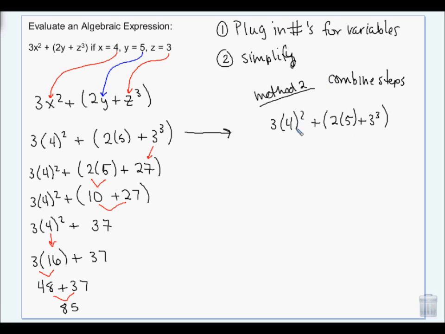I know that I need to do what's inside the parentheses and multiplication and exponents before I can do any addition or subtraction, right? So I'm going to look at this and I'm going to say, okay, that's going to be 16, that's going to be 10, and that's going to be 27. Then I can look at that and say, okay, that's going to be 48, and that's going to be 37, and then I can multiply or add.